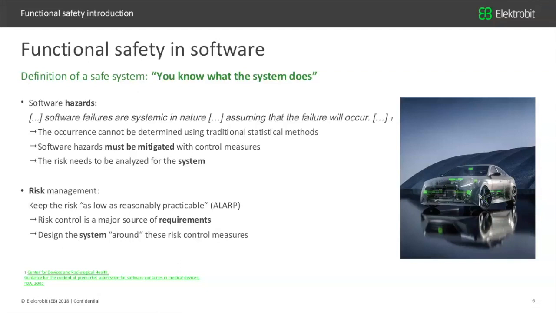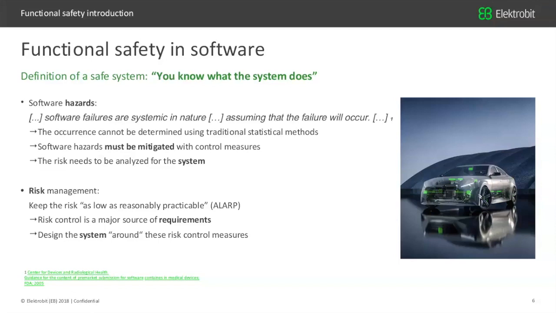And if we look at software faults in general, they are always systematic. And with that, that means they will occur. There is no aging or any other effect in software. So if there is a functionality in software, it is in there from the beginning.